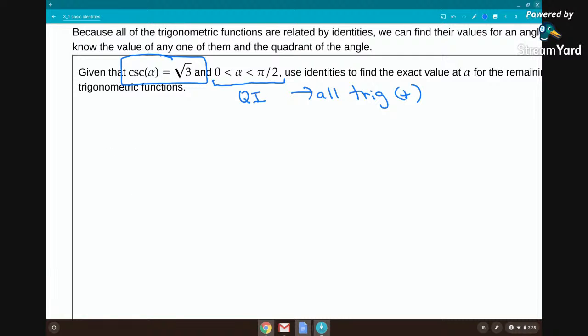Cosecant, I'm sorry. Cotangent squared plus 1 is equal to the cosecant squared.